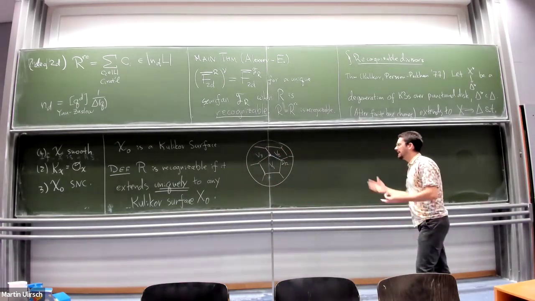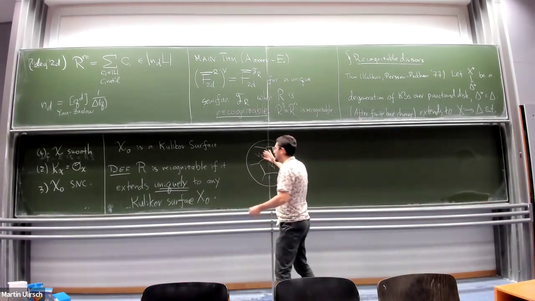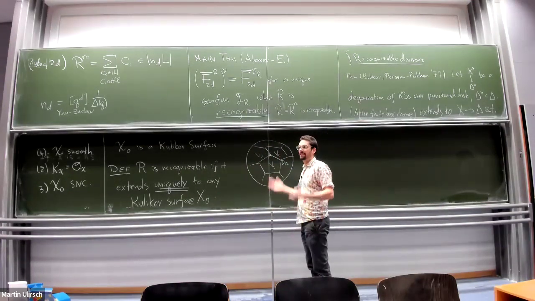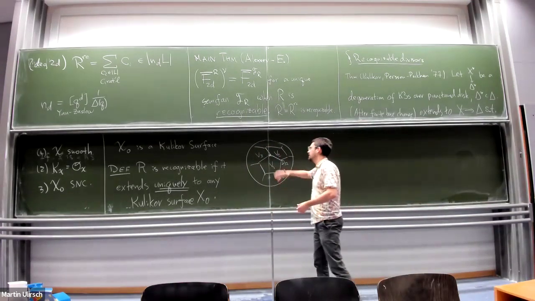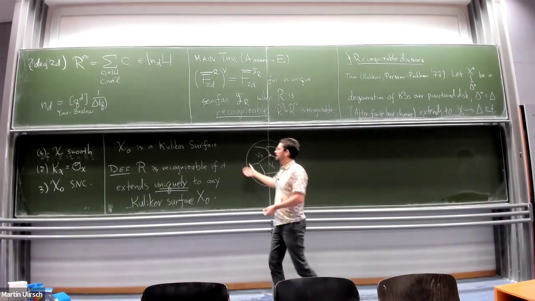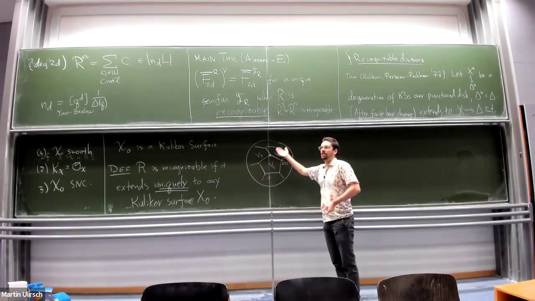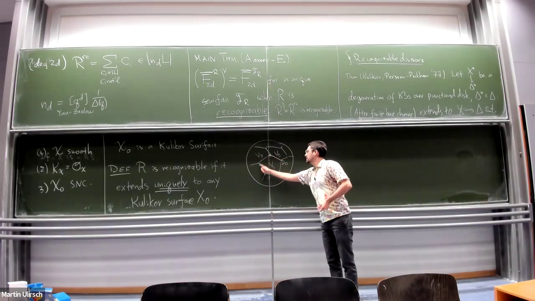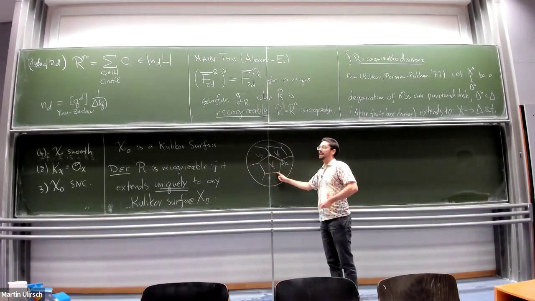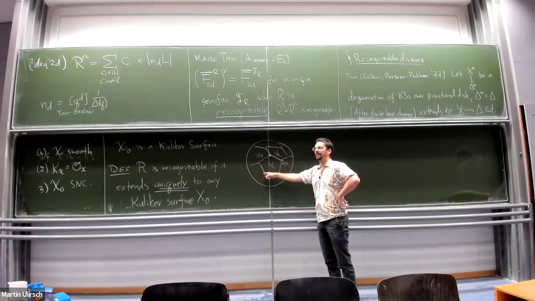And furthermore, the dualizing sheaf of this should be trivial. What that concretely means is that, at least over the complex numbers, all the components are rational, and the double locus is an anti-canonical divisor. It's a wheel of P1s, which is an anti-canonical cycle on the rational surface. So think of P2 with a triangle of lines as a component.